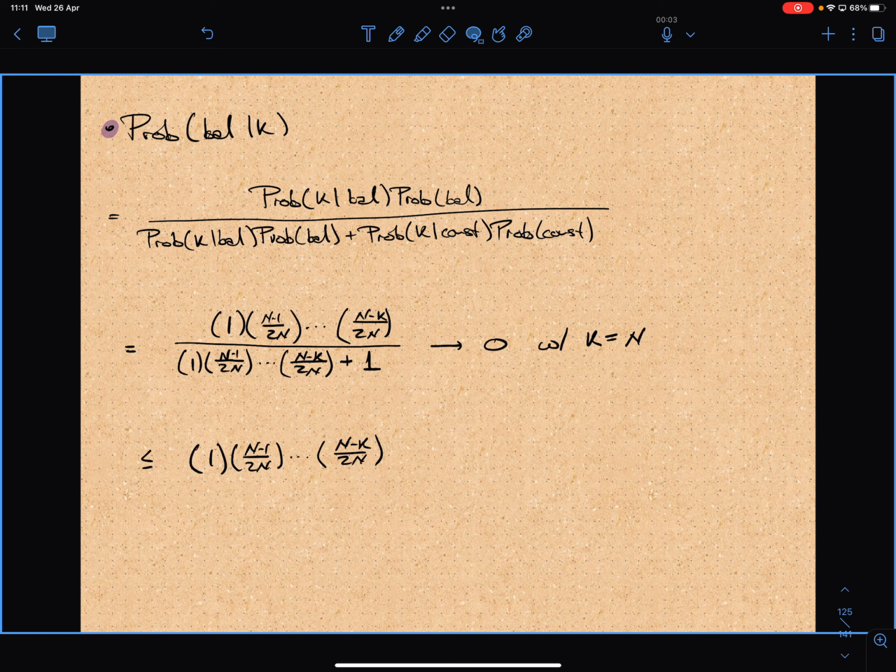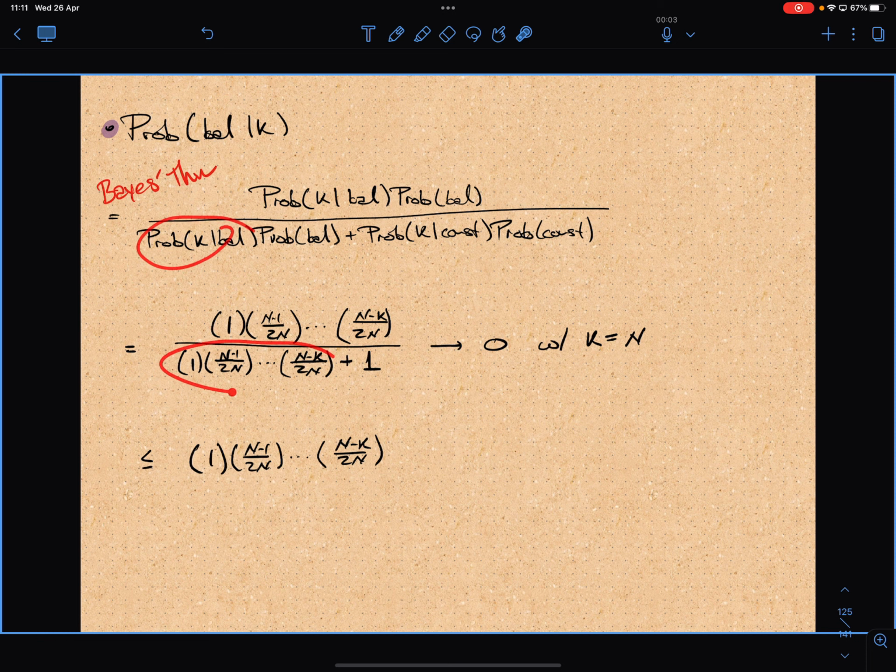And so I apply Bayes' theorem, and I flip the k and the balance. In here, this is what I computed before, and so this is going to give me this value. And here I have also what I computed before.